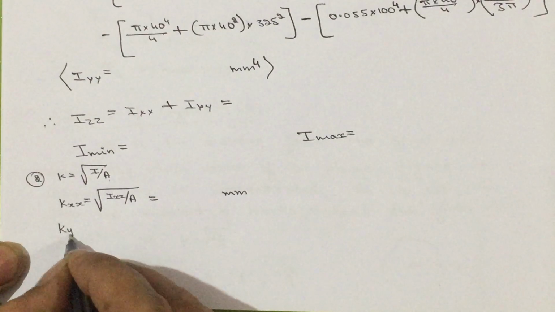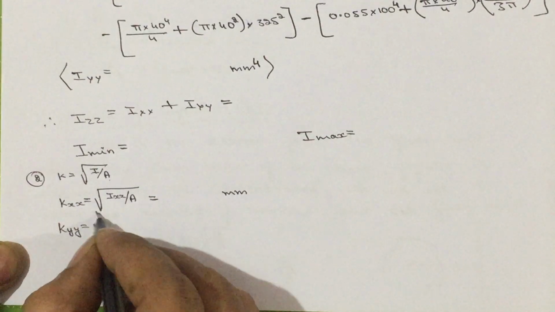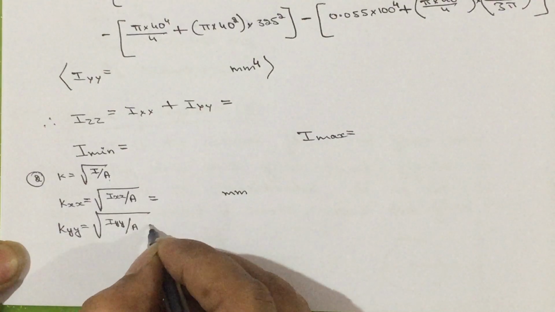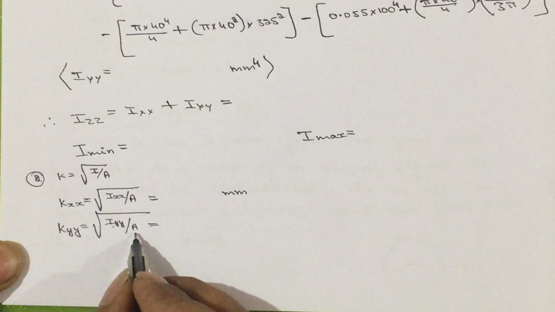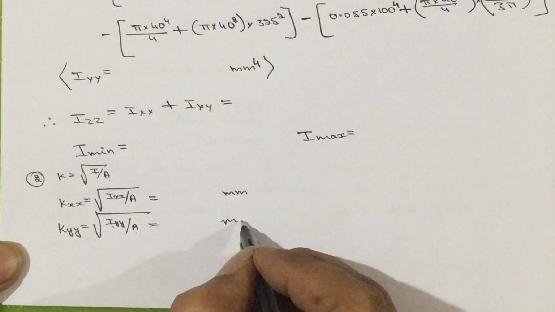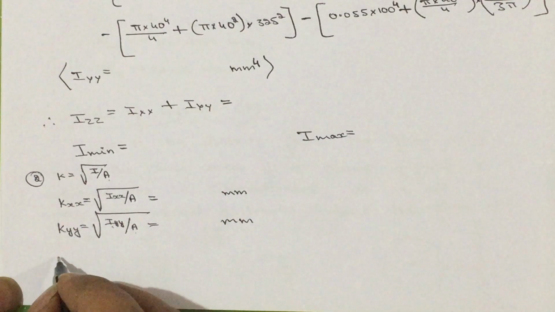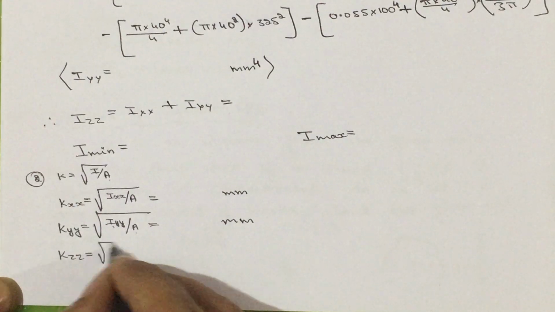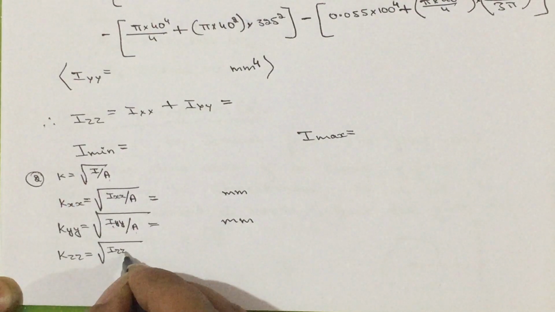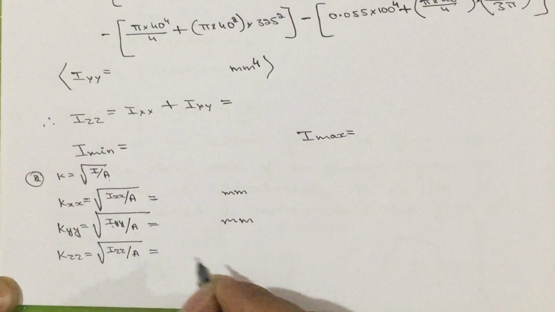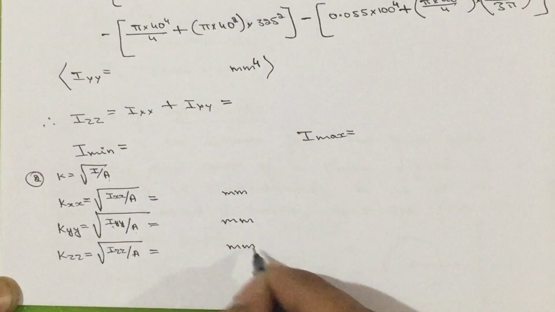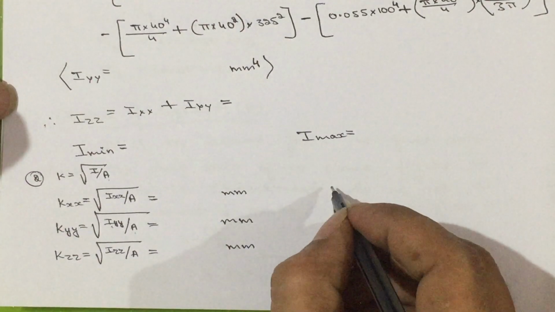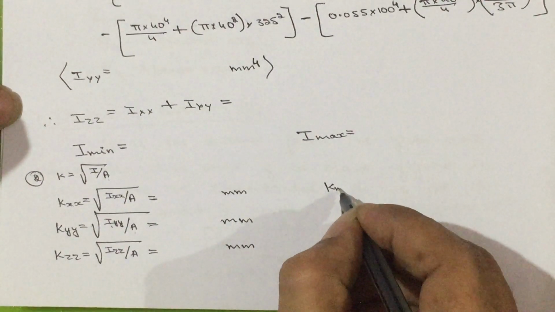Then Kyy is given by square root of Iyy divided by A. We calculated the area, so you will get the value in mm. Then Kzz is given by square root of Izz divided by A, and we know Izz also. Then we need K minimum and K maximum.